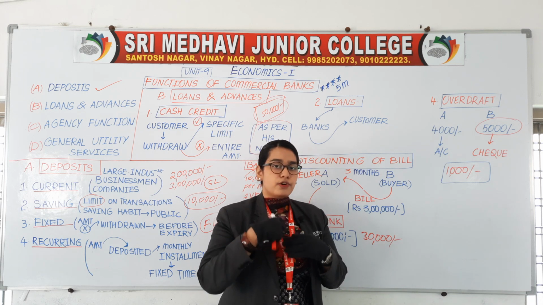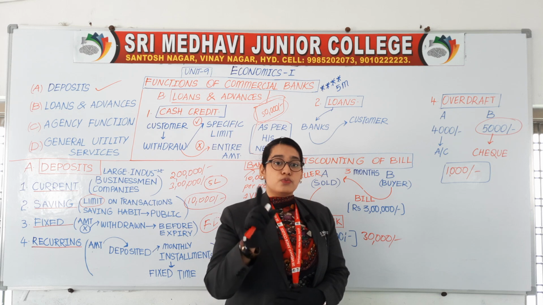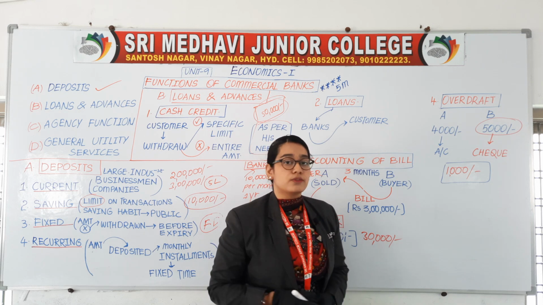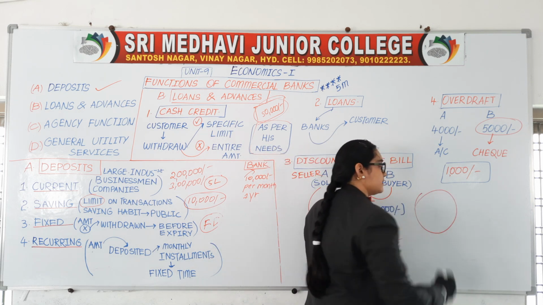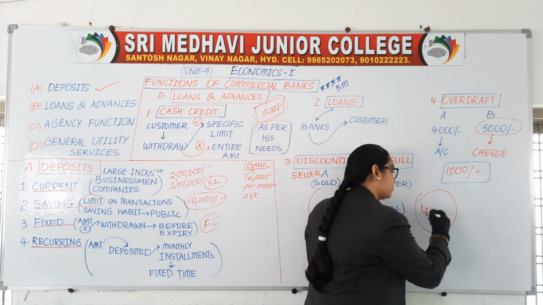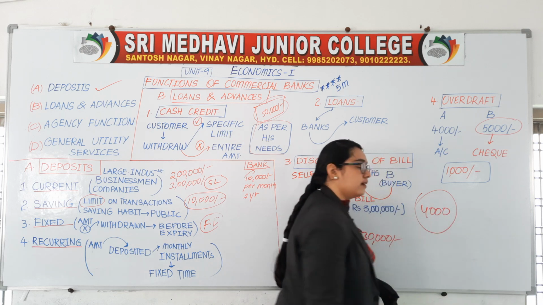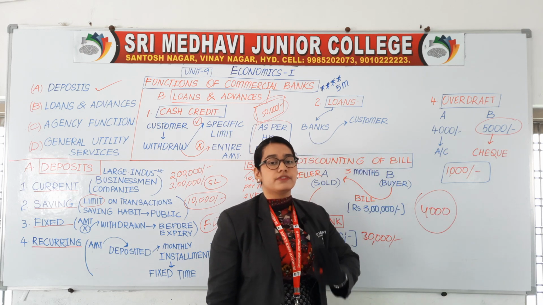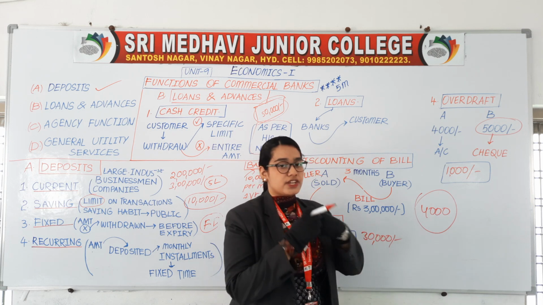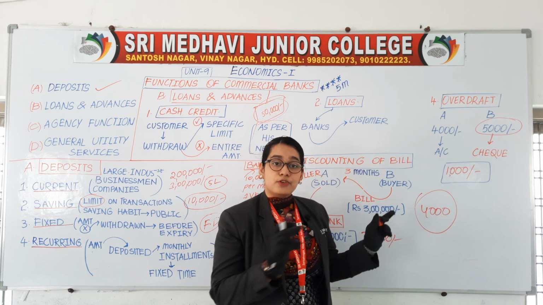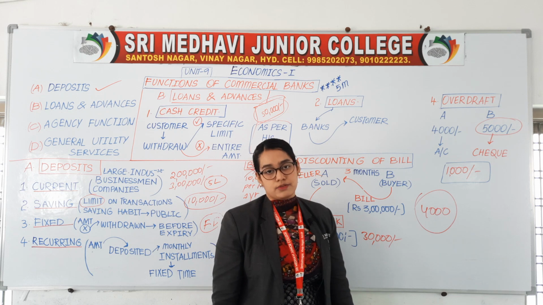So 1,000 is not there in my account. I have only 4,000, but I have given a check of 5,000. That means my check will bounce because I do not have 5,000 in my account.